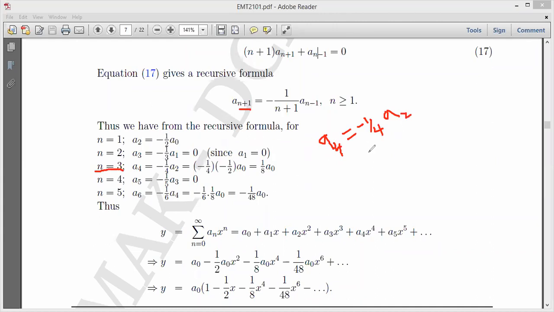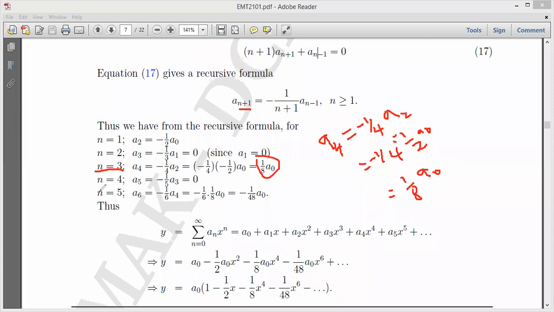But what is A2? A2 is minus a half n naught. So this is times a half, but this is negative. That is n naught. Minus minus will give you positive 1 over 8 n naught. And that is this one here.